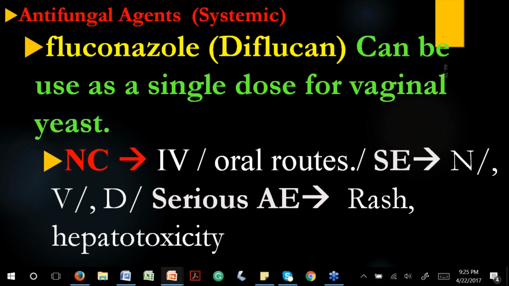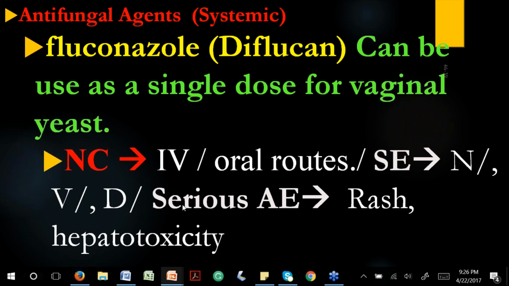We are talking about fluconazole. Fluconazole is systemic and is used for vaginal yeast. What is important about fluconazole, Diflucan, is that it can be given as a single dose. Nursing considerations: it can be given by IV or oral routes.